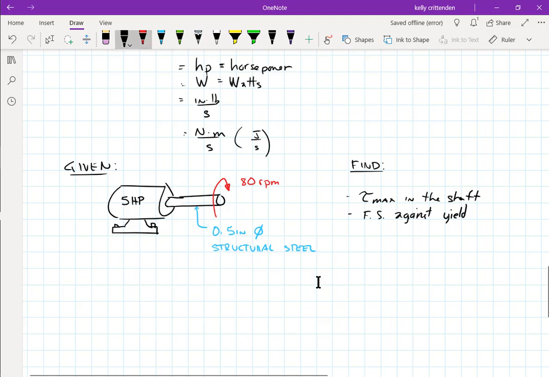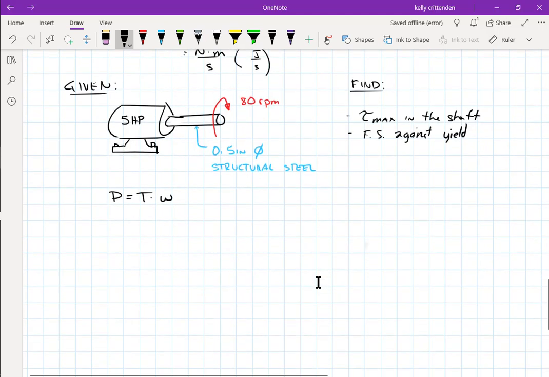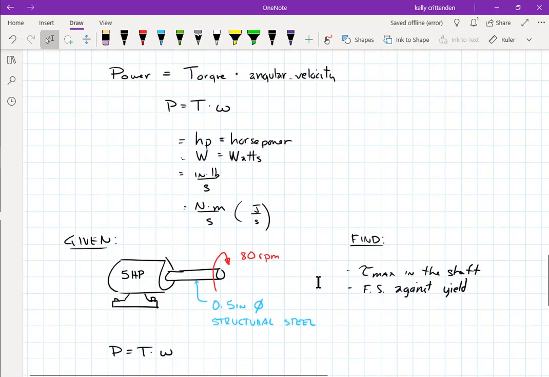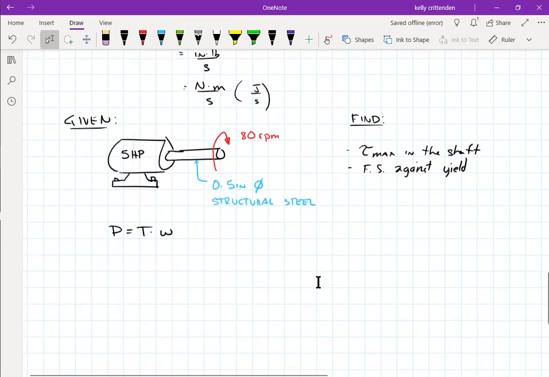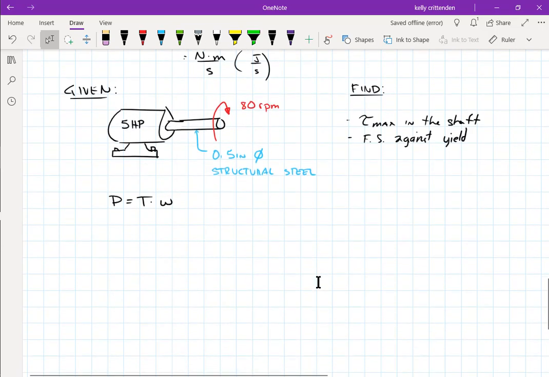All right, so we have power equals torque times omega. Now most of these little power transmission problems involve a lot of figuring out how to get what you know into the units that will work in the equations, because if I take power equals torque times omega and I put 5 horsepower equals torque times 80 RPMs, if I do some unit analysis on that, that's not going to generate any kind of useful units.